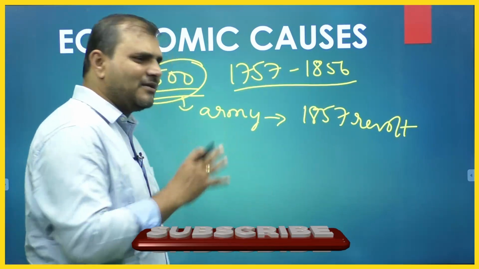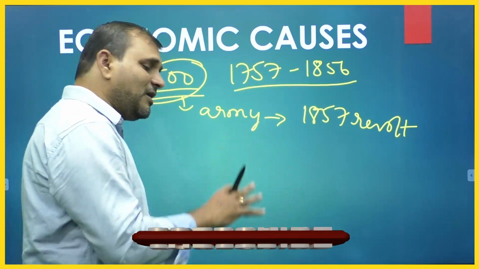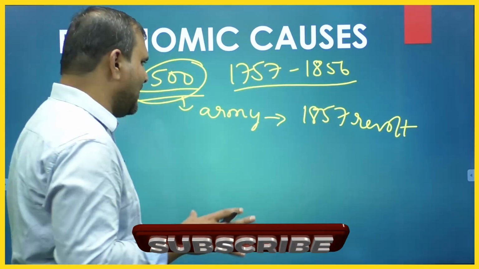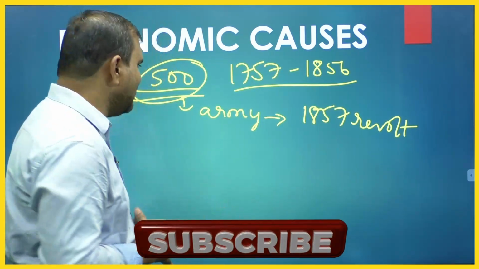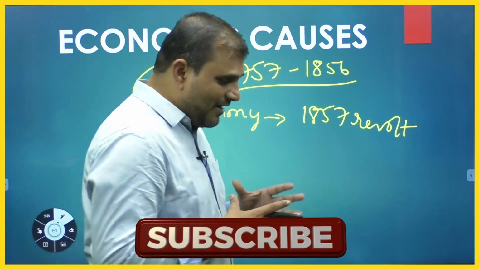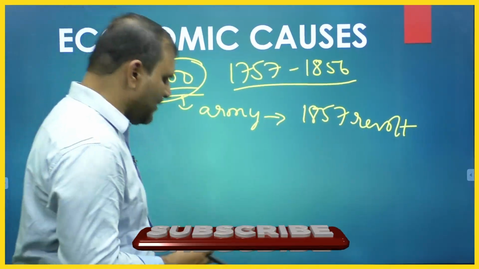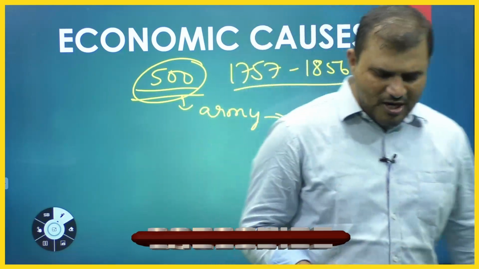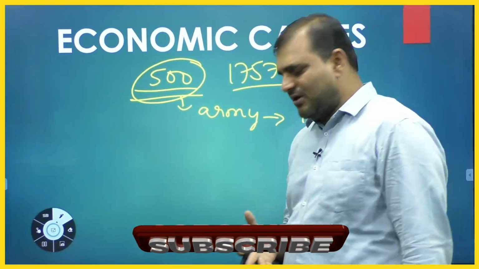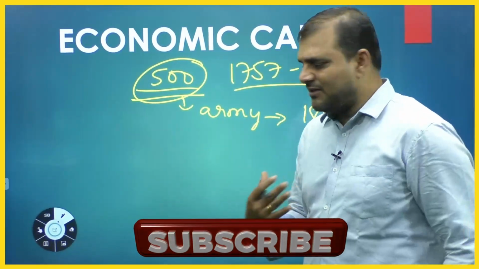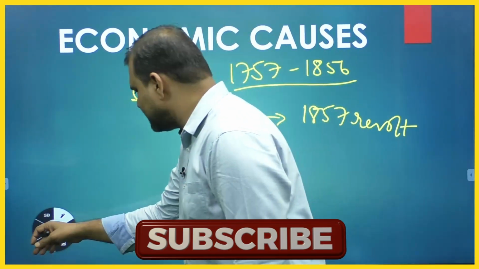They forcefully collected, so people revolted. Zamindars also revolted. We also had the Ryotwari system and the Mahalwari system. In these areas also people voluntarily joined the revolt. Zamindars revolted, artisans revolted. These are the economic reasons.